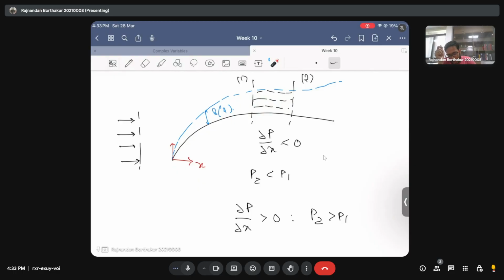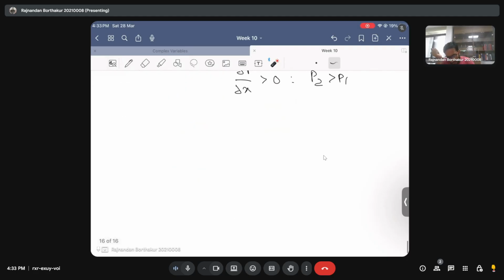It can so happen that the pressure gradient is tiring out the fluid, but the length is not so much, so the fluid can effectively move through it without undergoing separation.